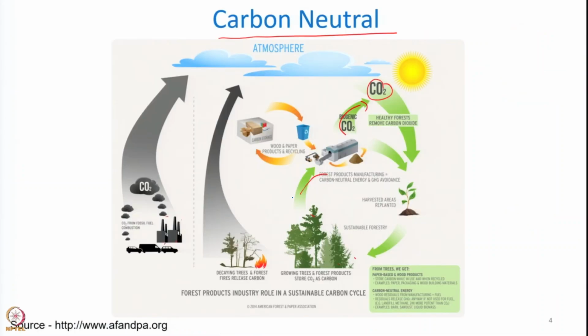This is the biomass. Okay, and the carbon neutral part: I have told you that when these tree leaves are directly burned in the open air, or in the natural process, carbon dioxide is produced and goes to the atmosphere. But here you see the process.